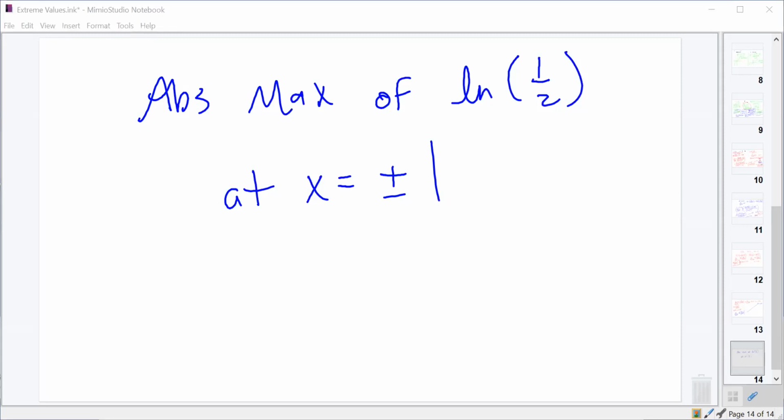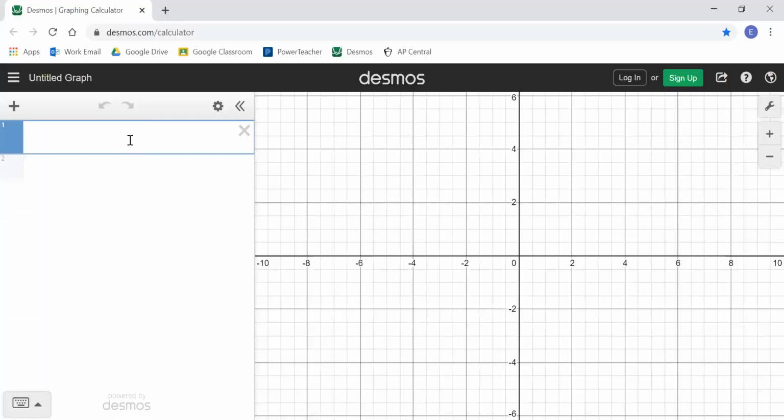Good. Well, that's okay. Let's take a look real quick at the graph of it, just because you probably aren't super familiar with what this graph looks like. So natural log of the absolute value of x over 1 plus x squared.